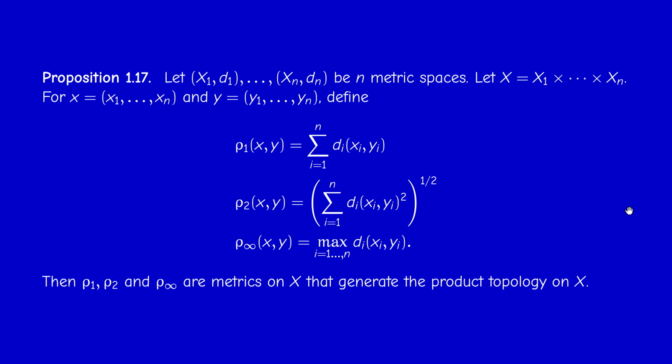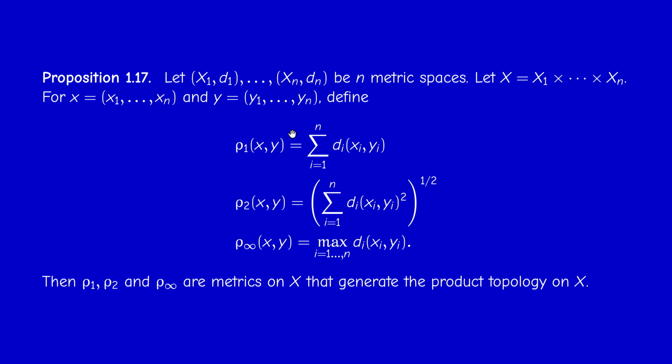So you have to prove several things: ρ1 is a distance, ρ2 is a distance, ρ∞ is a distance. Second thing, they are topologically equivalent. Actually, they are Lipschitz equivalent, if you like. Try to be inspired by the proof of a previous proposition when we talked about norms on Rn. Here is something very close.